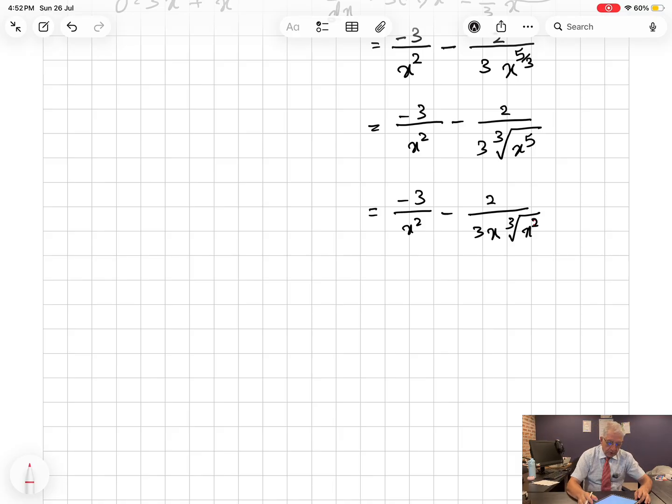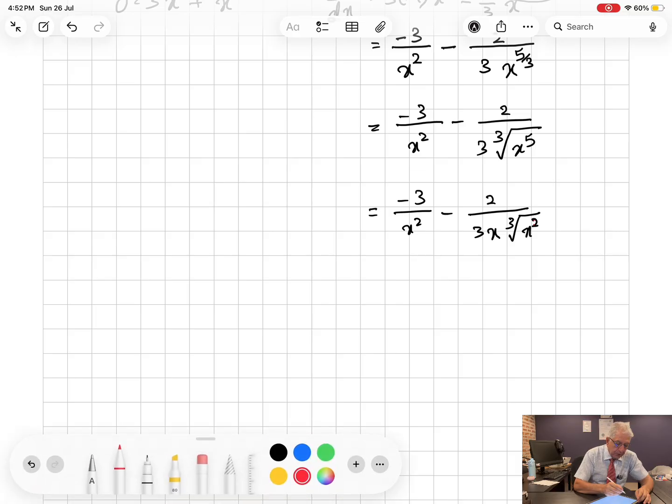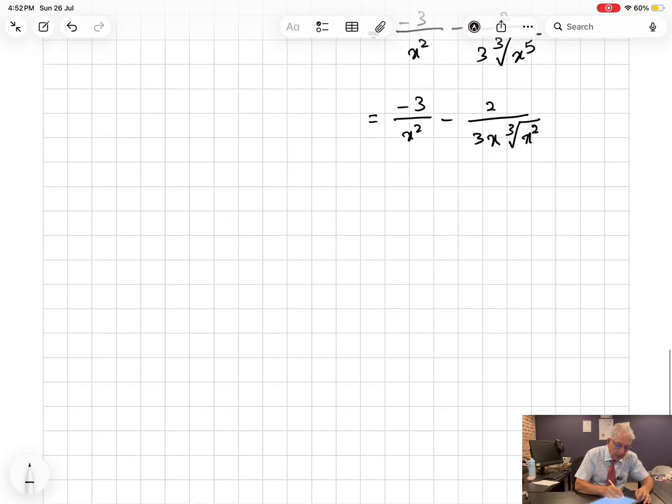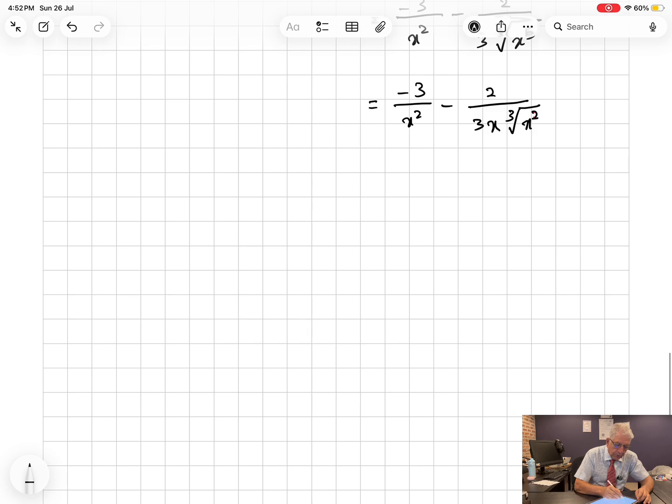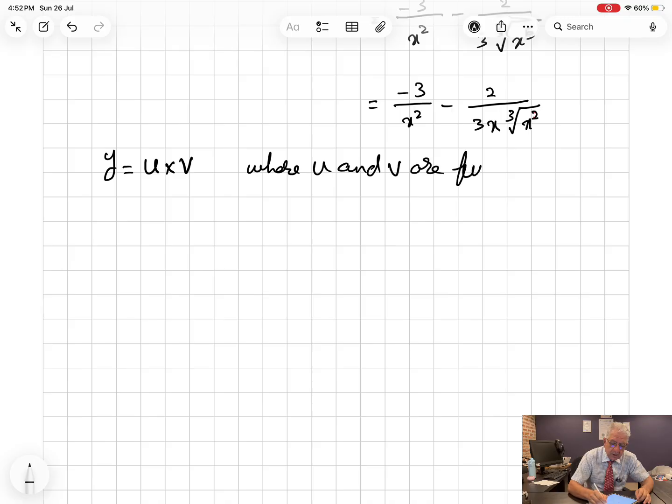Now let's go for differentiation of the multiplication. Now let's see how is that. If your function y is equal to u times v, where u and v are functions of x.